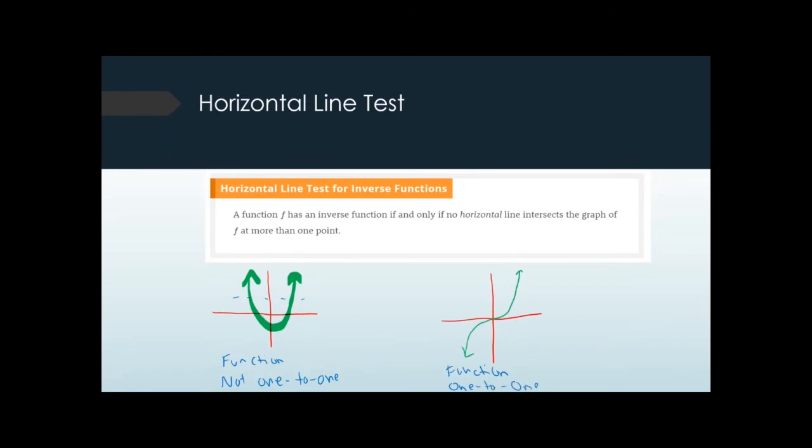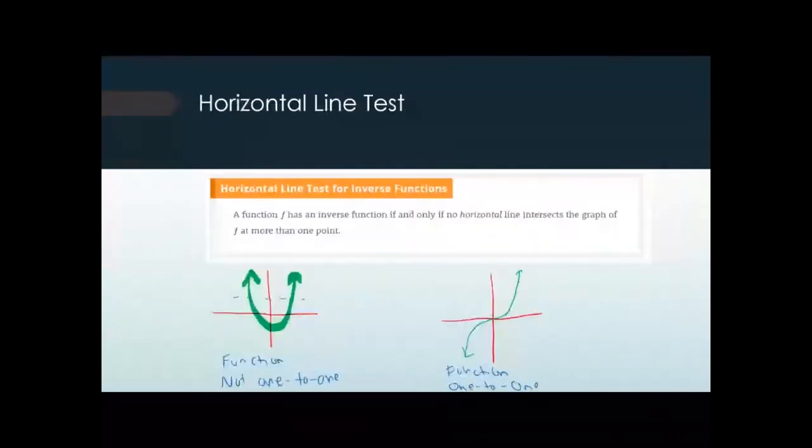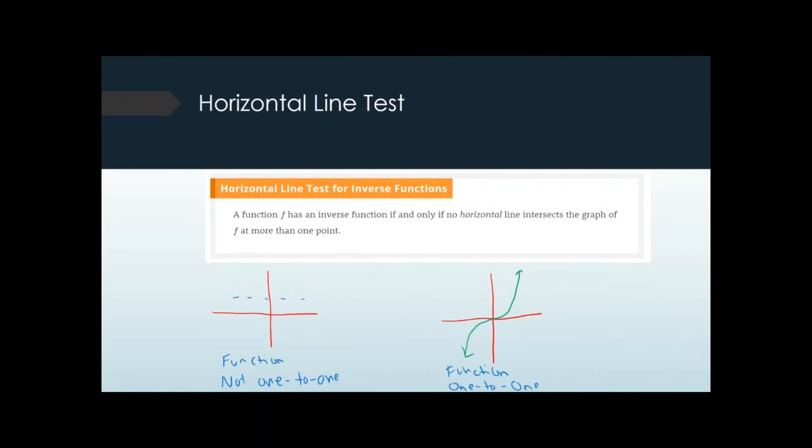Now, if we really wanted to find an inverse for our quadratic on the left, what we'd have to do is restrict the domain. We'd have to restrict the domain to look at a certain section that would pass the horizontal line test. So maybe instead of looking at the entire graph, we looked at just the right side.